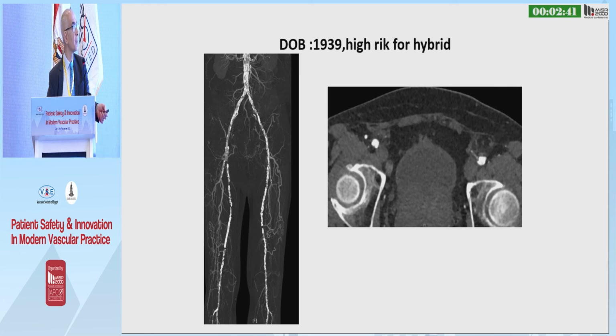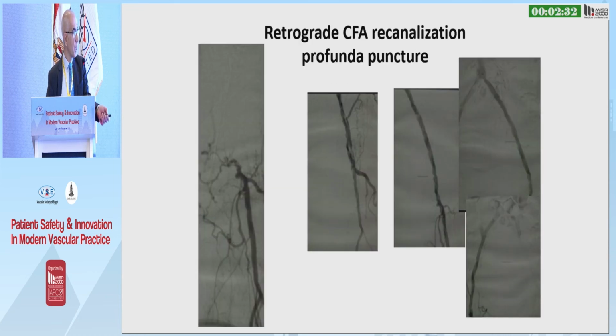In this case, date of birth 39, very high risk for hybrid surgery, no anesthesia. We puncture the profunda and we do a safari from the profunda and the other side to recanalize the total left iliac artery.